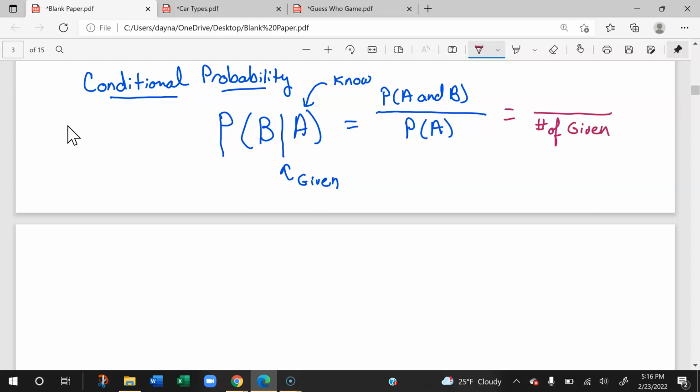So in other words, if something is given to you, how many are in that given? And then the numerator is the number in the intersection, so to say.